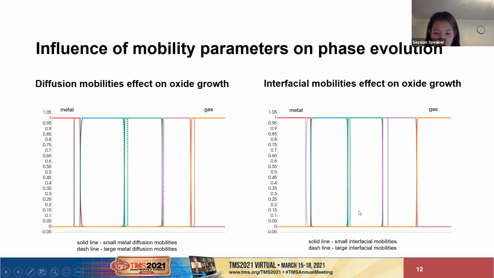If we have higher interfacial mobility, represented by the dashed line in the picture on the right, we can also observe that the oxide phases grow faster into the metal phase, but it doesn't quite affect the oxide growth into the gas phase, because we assume that the corrosion is mostly diffusion controlled.